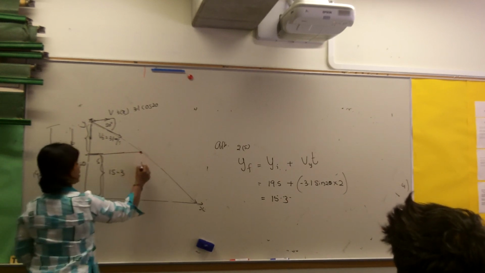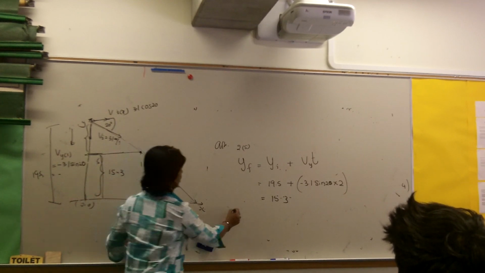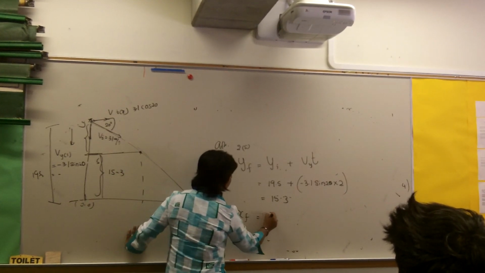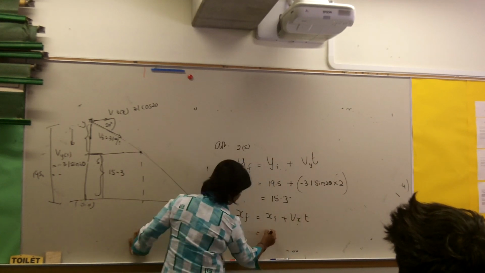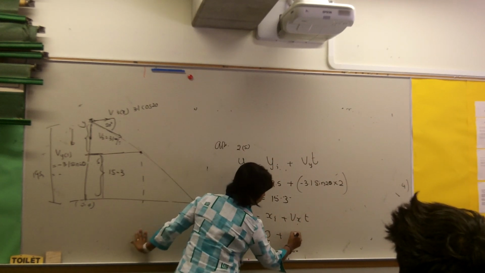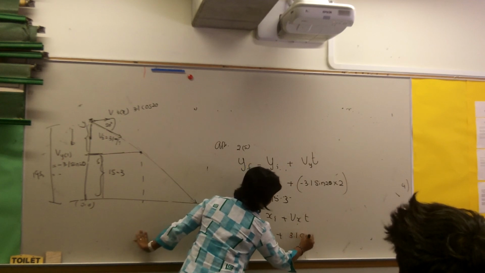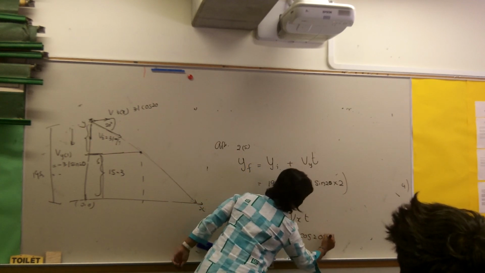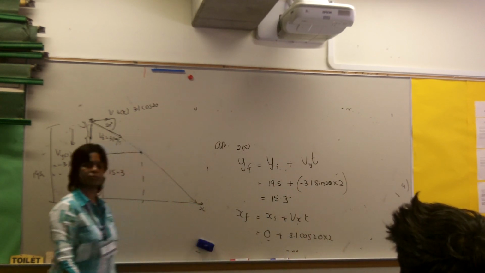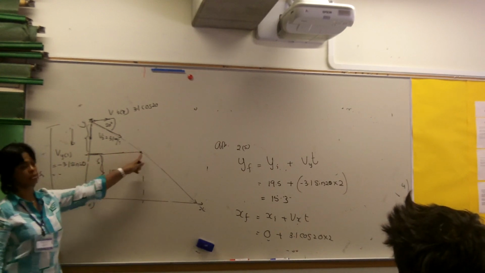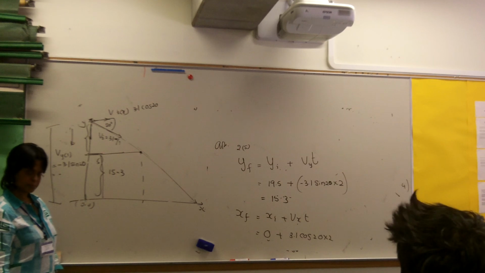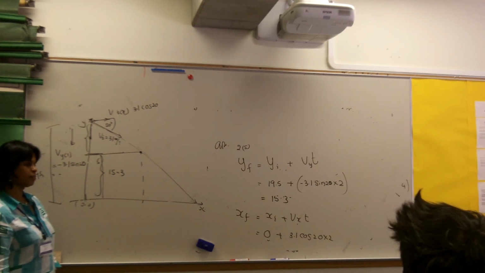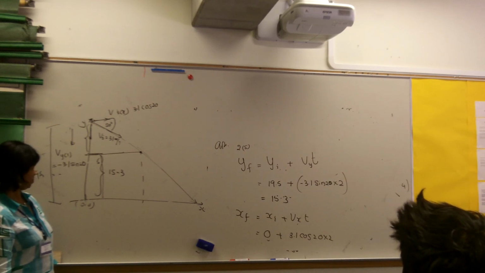So how much is x final? x initial plus v_x t, which is 3.1 cosine 20 times 2. That is how much he has gone horizontally.